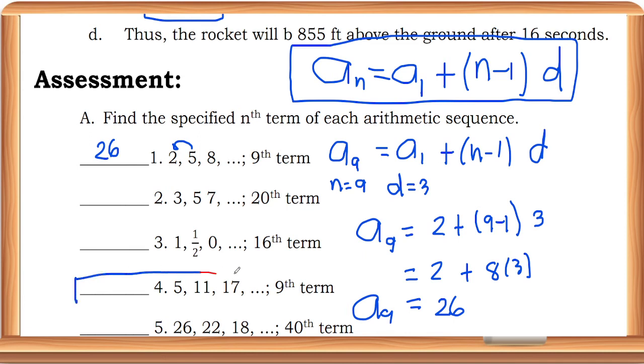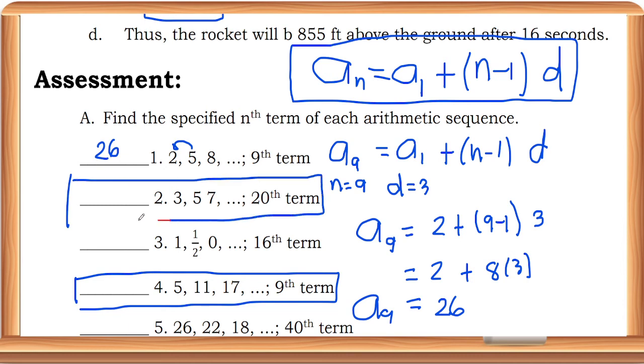Number 4 kay June, and then number 2 kay Asnya. If you are doubtful of your answer, you can ask first your leader kung tama ba yung sagot nyo. Okay?